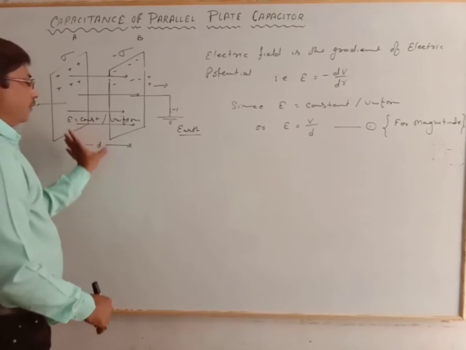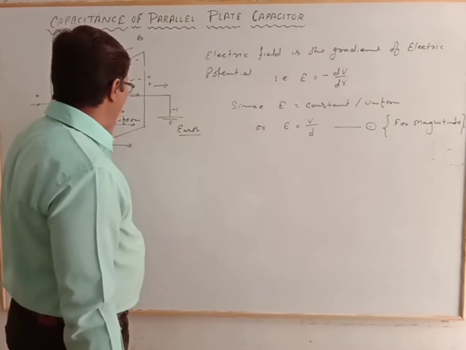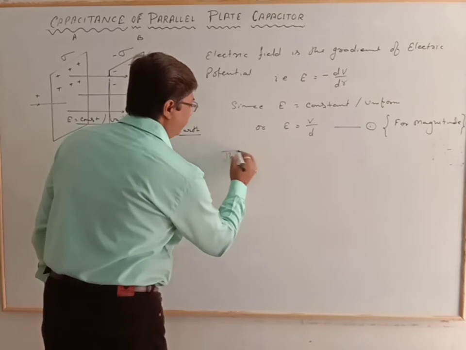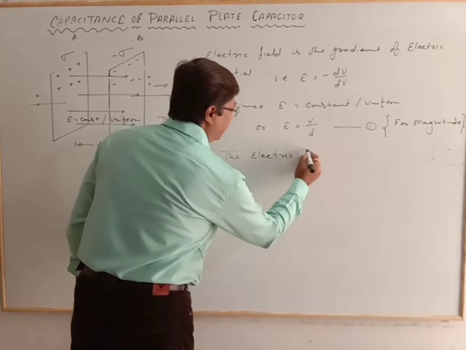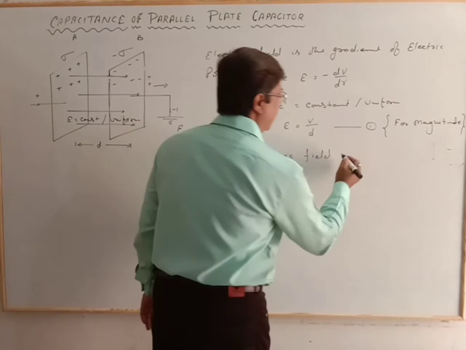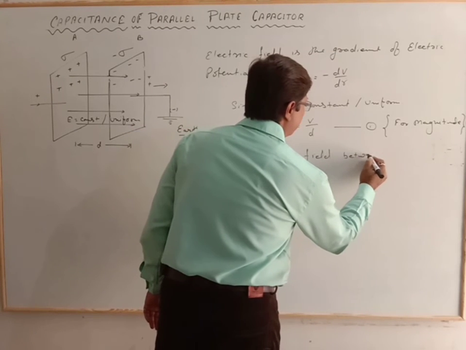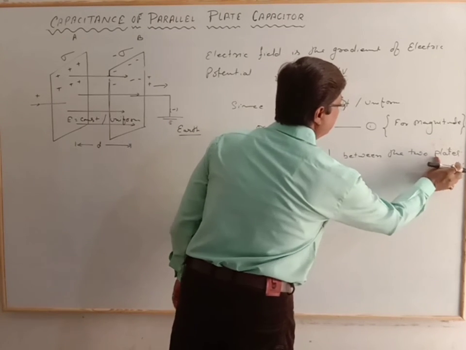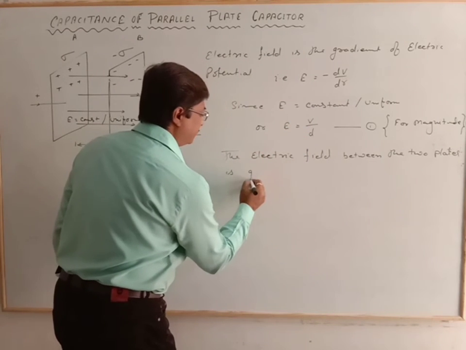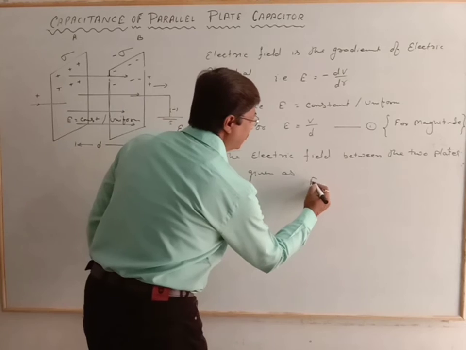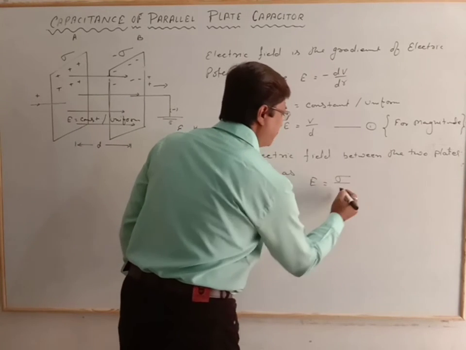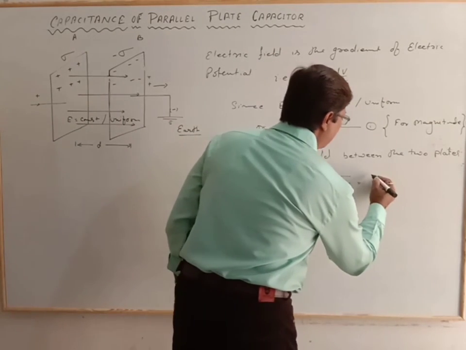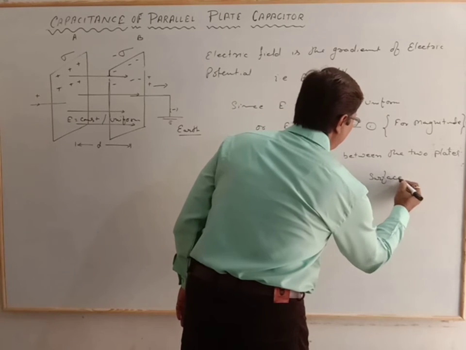We know that the electric field lies only between the two plates, and the electric field between the two plates is given as E is equal to sigma by epsilon naught, where sigma is the surface charge density.